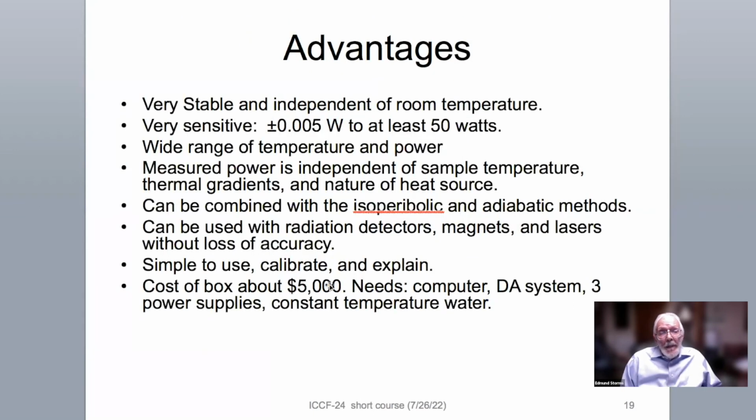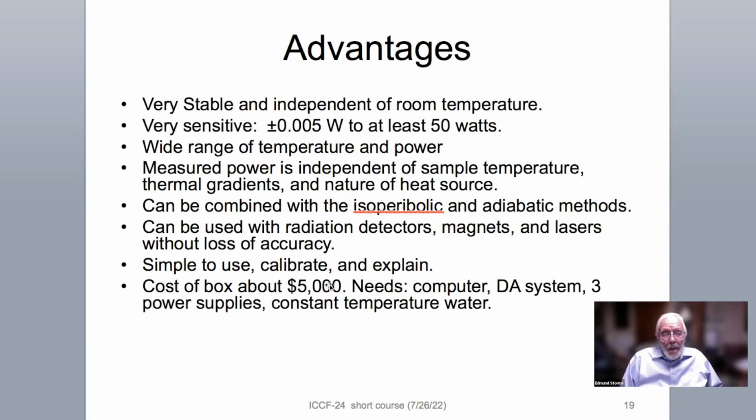Well, the advantages are this calorimeter is very stable and it's independent of room temperature. It's very sensitive, plus or minus 5 milliwatts up to at least 50 watts of applied power. And it works over a wide range of temperature and power.